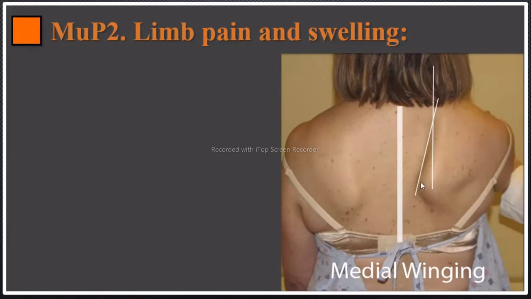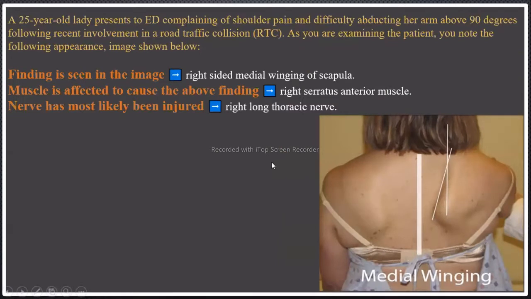If you find the angle of the scapula on the medial side between the midline and this line, it's a medial wing. If you find the angle here, it's lateral winging. Okay, so it's not important in the exam. Just if you find this, it's winging of a scapula. And here they can give you a scenario, whatever, the patient has trauma, or the patient has what else, guys? Non-traumatic cause.